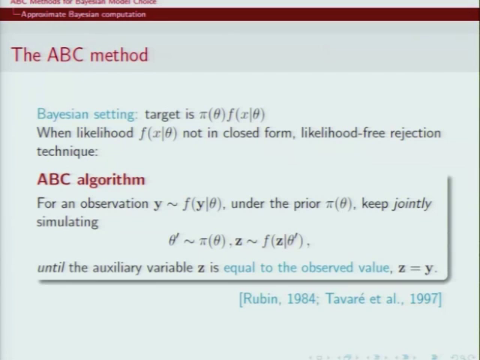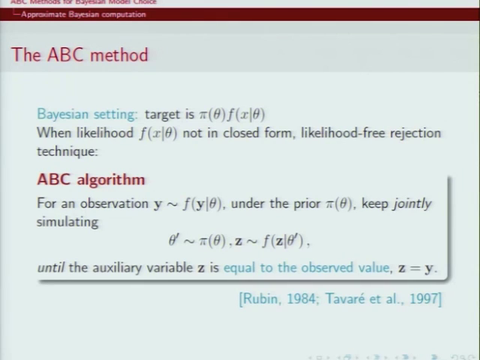Okay, so that's a very simple remark. It's like accept reject 101, because the probability of acceptance in that case is 0 or 1. So that's an exact algorithm for running simulations from the posterior distribution without computing the posterior distribution.